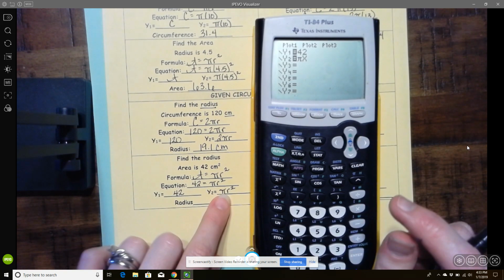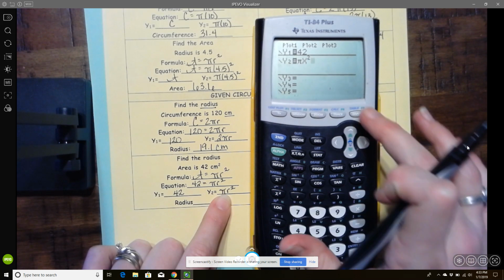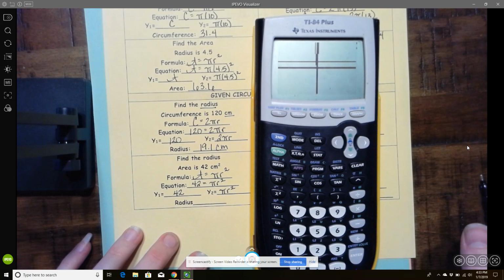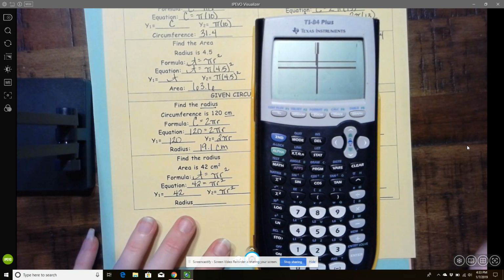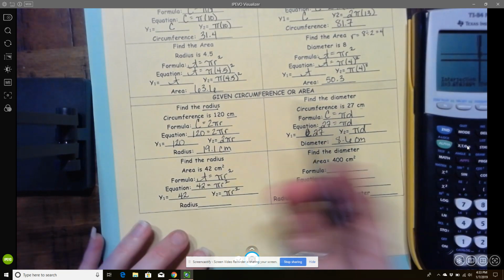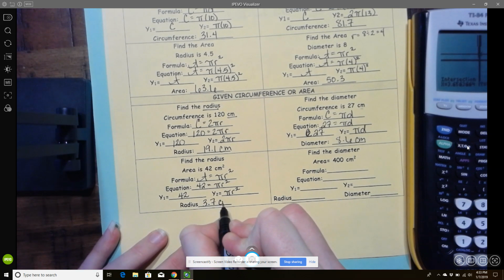So pi, can't put an r, so we put an x, and then we square it. And then second trace 5, and I get 3.65, which would round to 3.7, and we're doing centimeters again.